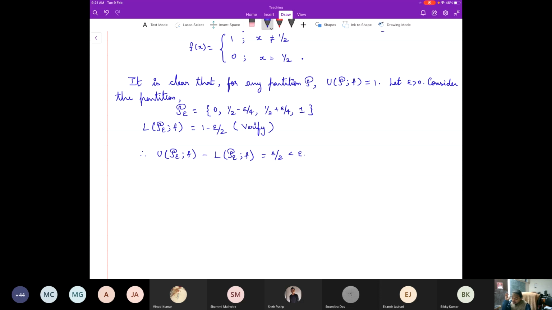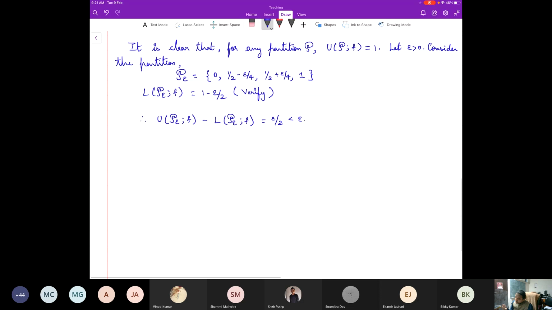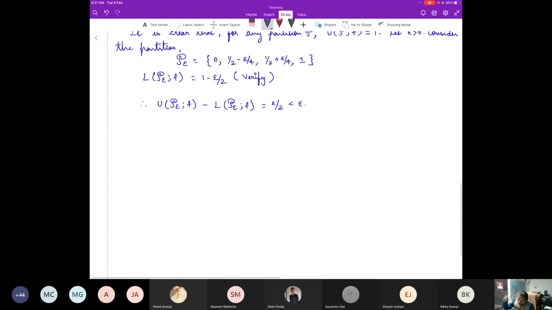Otherwise, even epsilon by 2 works, but still. Now, instead of doing it for an arbitrary epsilon, let's do it for epsilon as 1 by n.